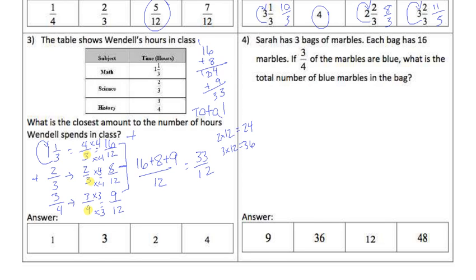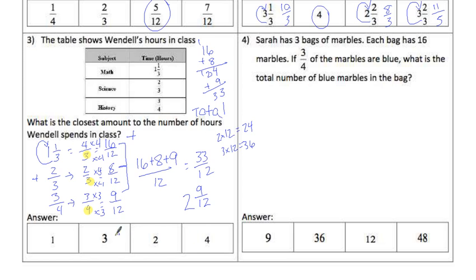So 2 is as close as I can get. So the whole number for this is going to be 2. The denominator stays 12. And then to get from 24 to 33, I need 9 more. So I have 2 and 9/12 now.